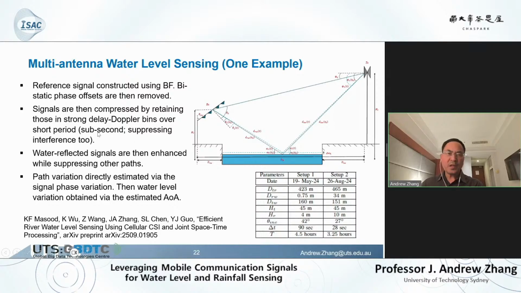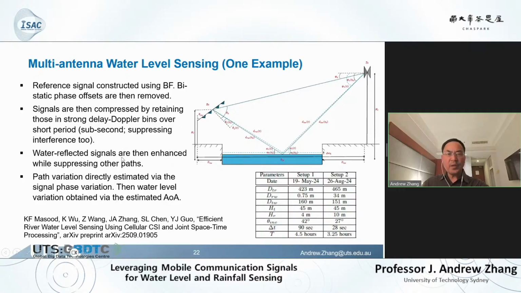So if we extract the strong delay Doppler beams within a sub-second period, then we can remove the interference caused by fast-moving objects, for example, moving pedestrians, swinging trees, and passing vehicles and boats. All these movements have high Doppler effects, so they can be removed by this simple technique.